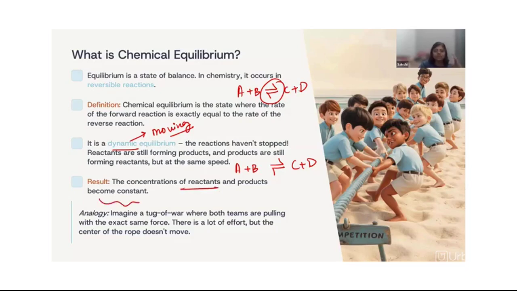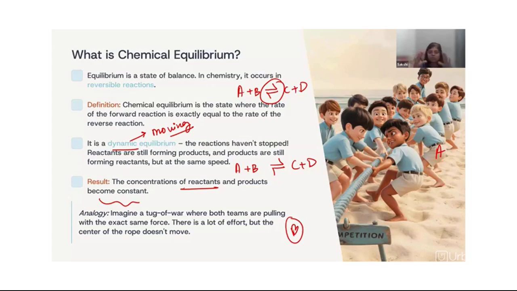That is the thing. Just imagine this, you must have played tug of war, where there's a big rope and two teams are pulling it. Just imagine that both teams are pulling the rope with the same effort, right? What will happen? The center of the rope will not move. Let's say team A and team B are both pulling with the same force, so the center will not move.